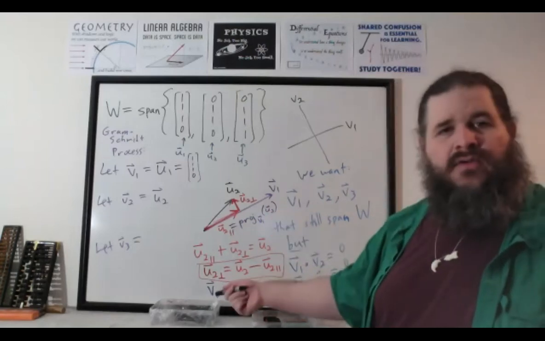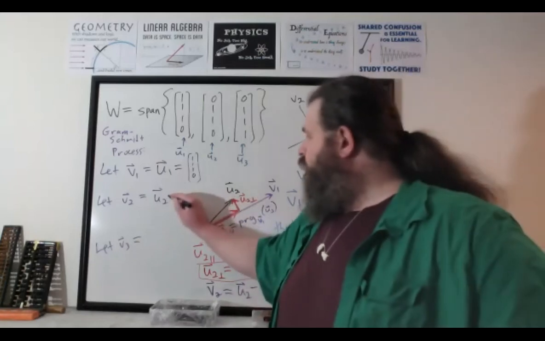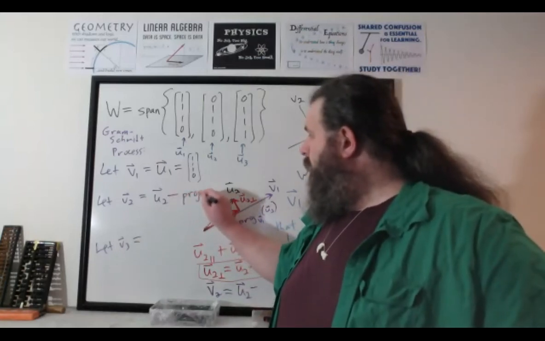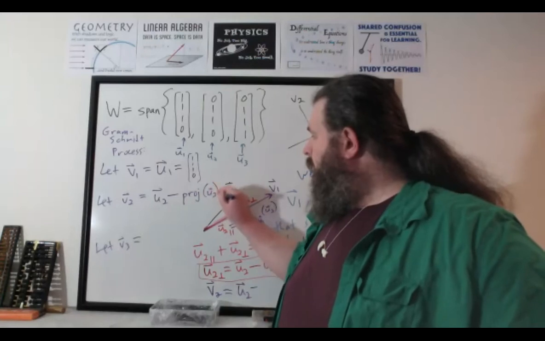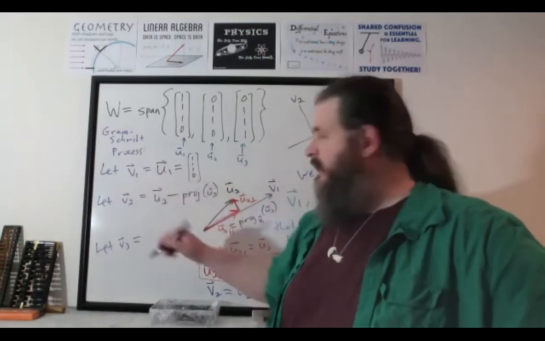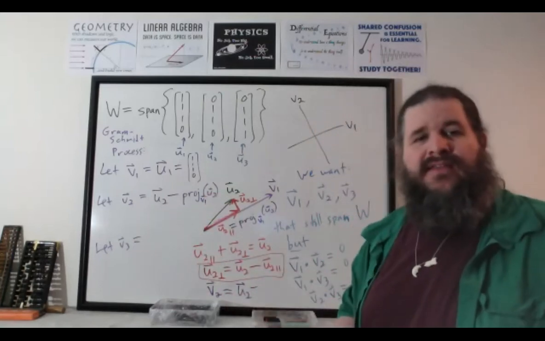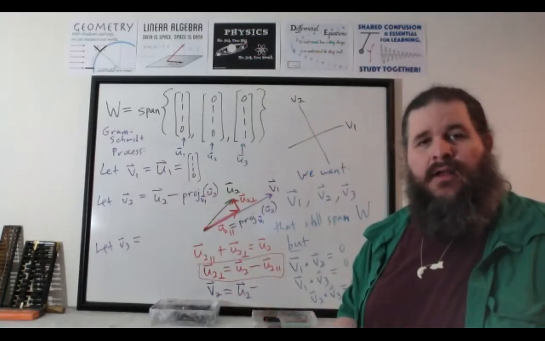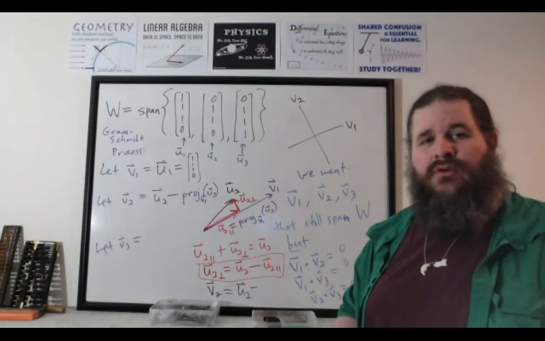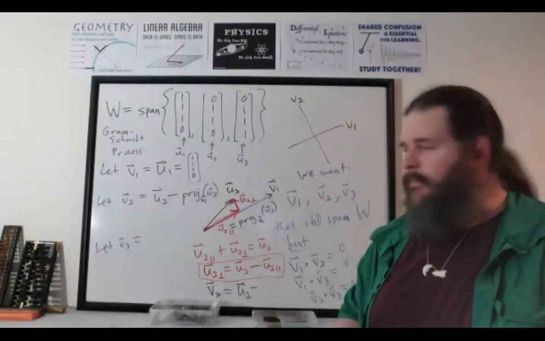So to find V2, we take U2 and subtract the projection of itself onto the direction we already established. So this is what I was saying about getting rid of everything that's in the same direction we've already created, so that whatever's left is a genuinely new direction that's perpendicular to the other.